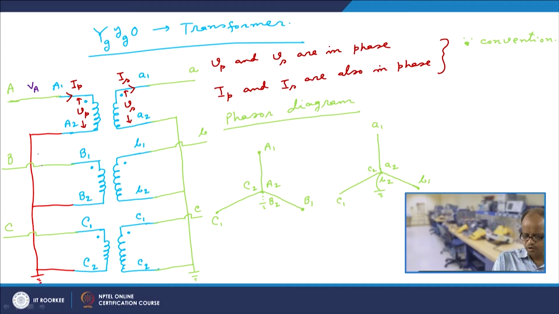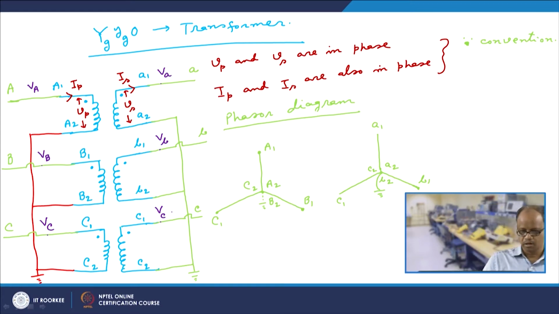Similarly, this point voltage would be VB, and this point voltage would be capital VC. Similarly, this point voltage would be small va, this point voltage would be small vb, and this point voltage would be small vc.